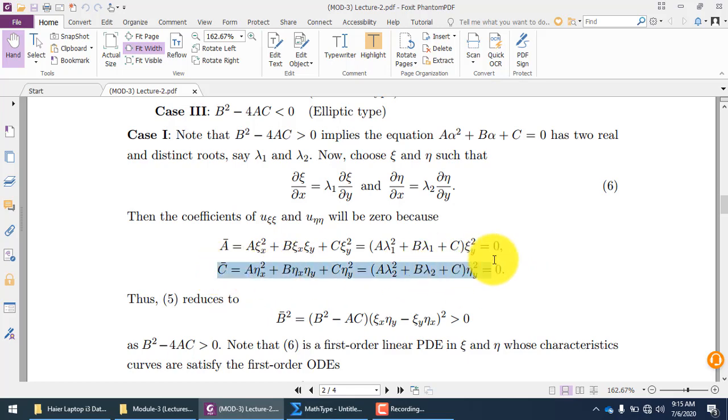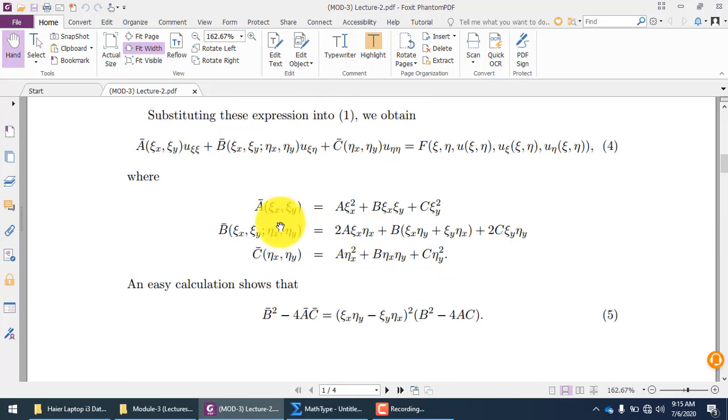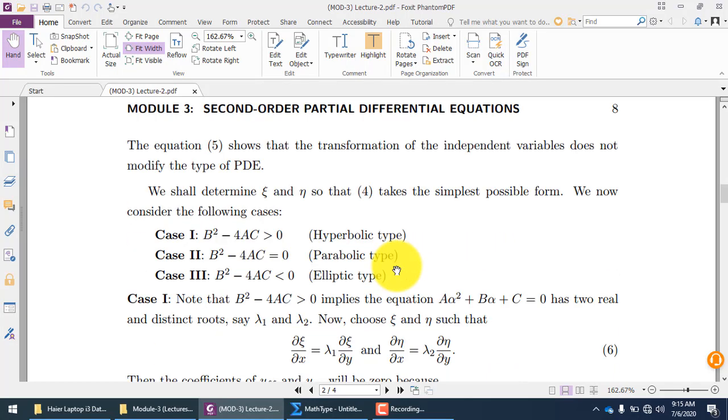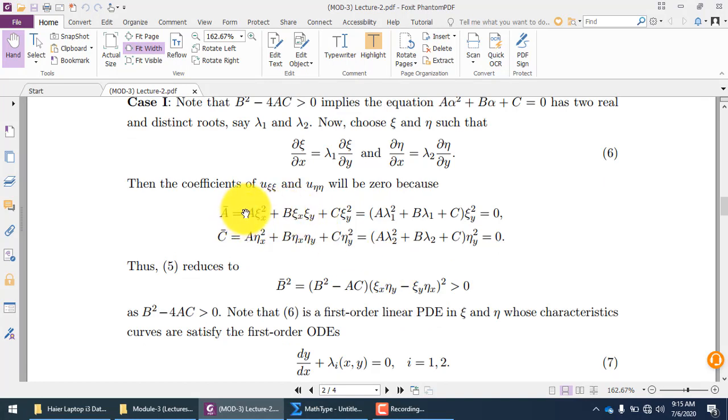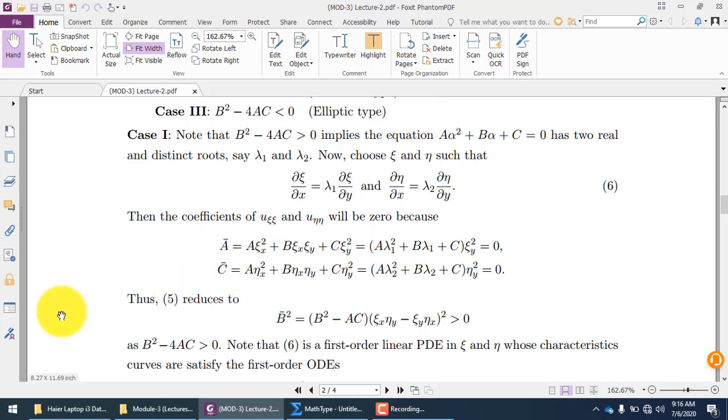When A bar is 0, you are saying that A xi x square plus B xi x xi y plus C xi y square will be 0, and A eta x square plus B eta x eta y plus C eta y square will also be equal to 0.